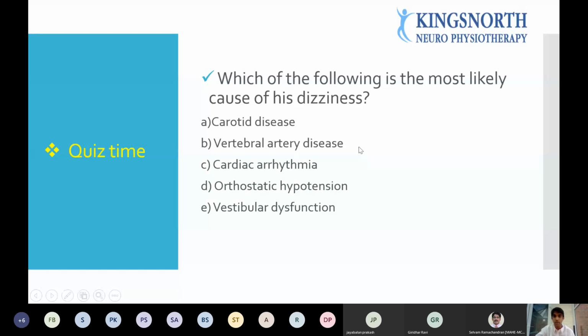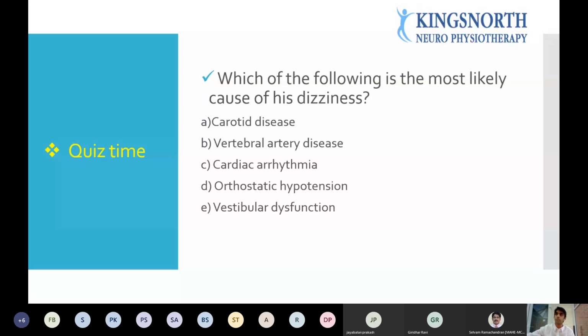So the point of this is, I've only given history, and there are certain investigations, so we may have to ask further questions, maybe on the differential diagnosis.